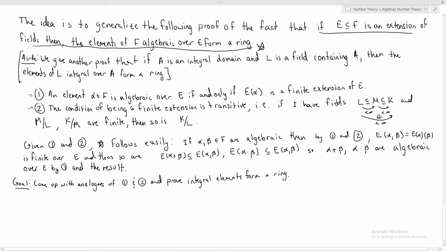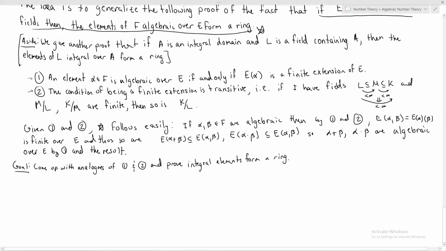For example, here I use the fact that sub-extensions of finite extensions are still finite, because subspaces of vector spaces are finite dimensional. So there'll be a bit more to worry about, I guess, is the moral.